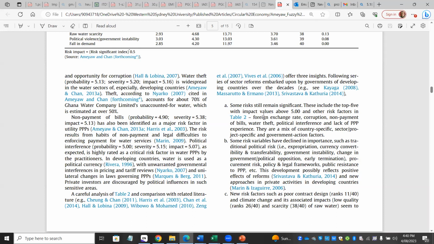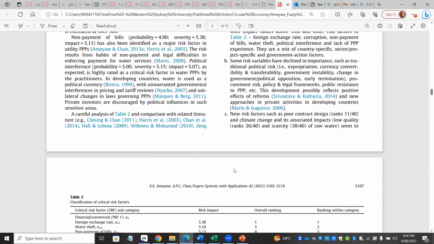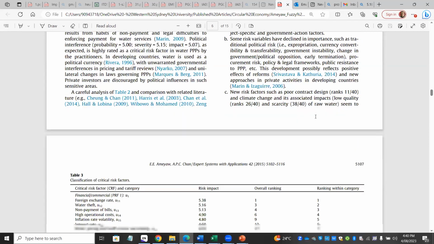These include the top 5 with impact values of above 5, and other risk factors. Okay, some risk variables have declined in importance, such as traditional, political, and so on. Then, new risk factors such as poor contract design are also emerging.